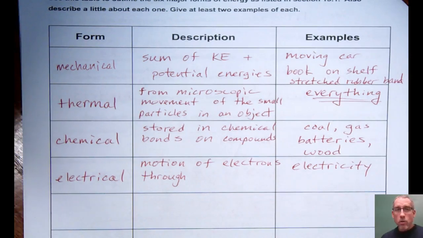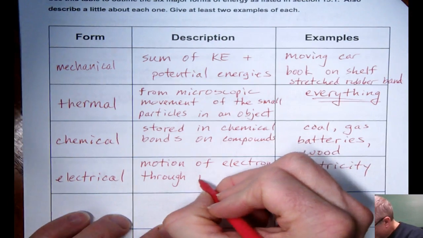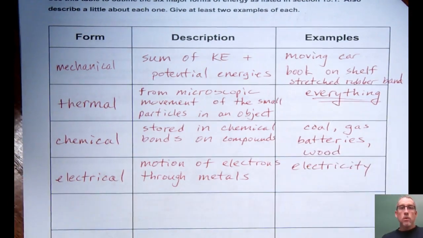And in metals, there's so many of these that those electrons are so free to move that it doesn't take a whole lot to get them to move completely from one atom to the next and to the next, all the way down the metal. We call those conductors or metals. And so when those electrons are moving, we refer to it as electrical energy or electricity. So again, not anything that you're not familiar with.